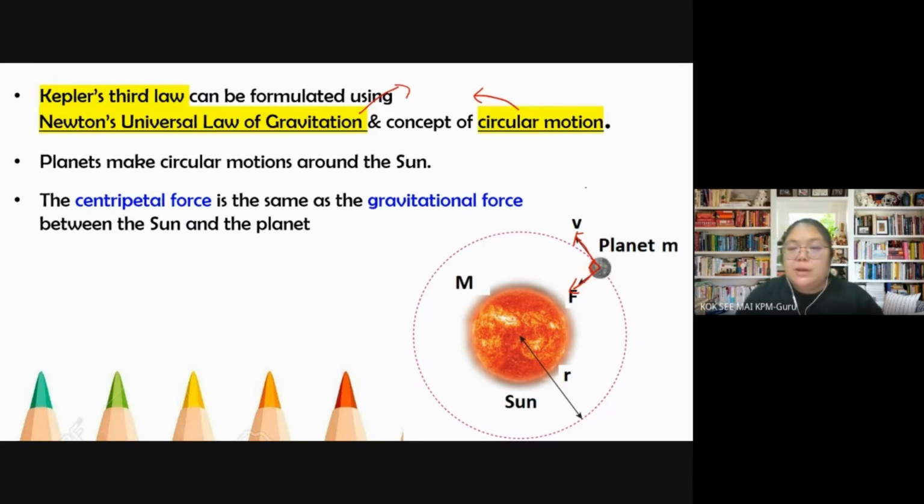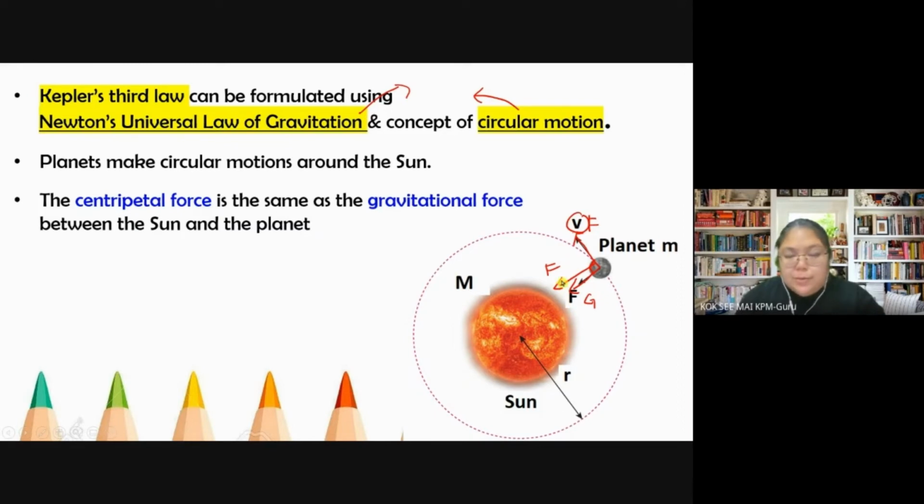From here, this one is the centripetal force pulling, and this one is the gravitational force. Sorry, the centripetal force is pulling here. It's the same thing, and this one is only the velocity, which is moving that way. The centripetal force pulls toward the center, just that the velocity wants to move in another direction.